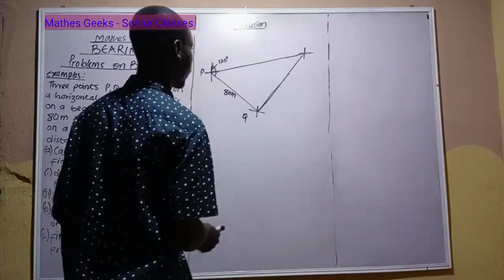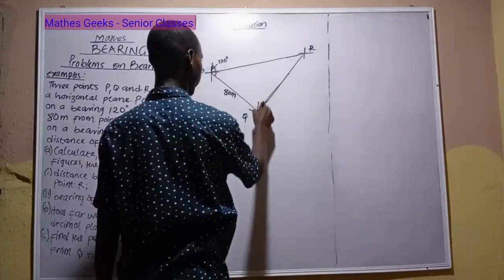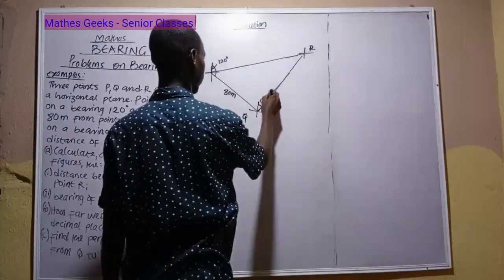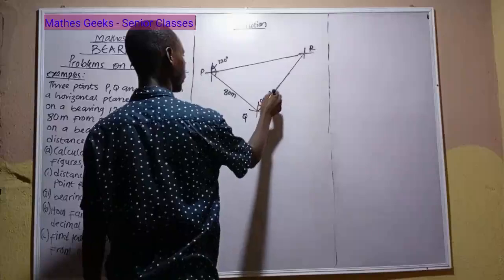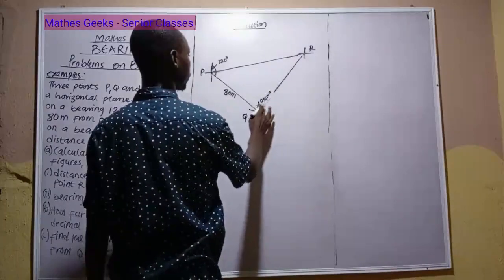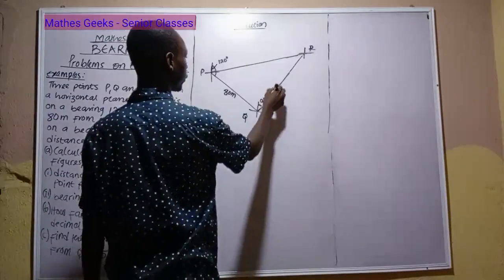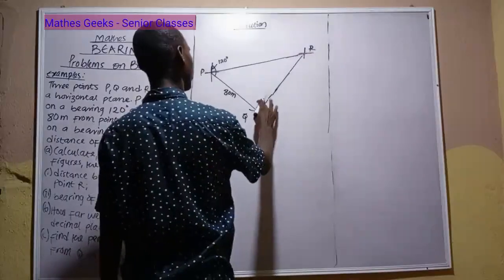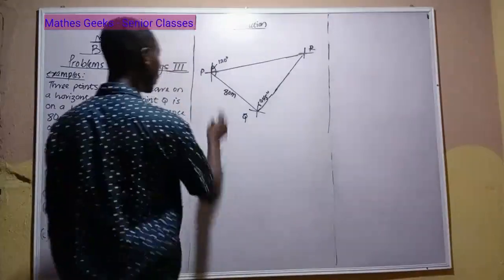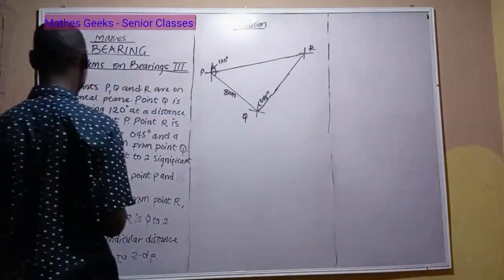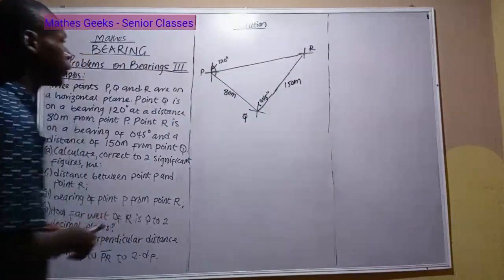So this is point R, and 45 degrees will be here. 45 degrees as the angle, and then the distance between Q and R is 150 meters. So this is the bare information I was giving to you.